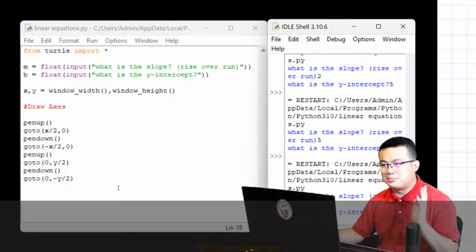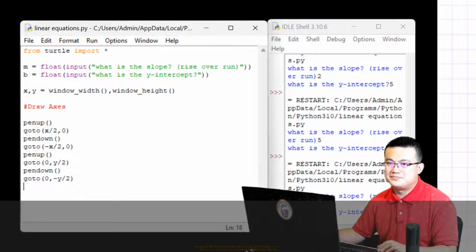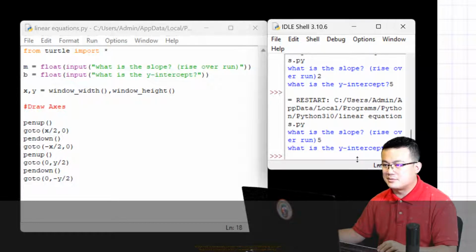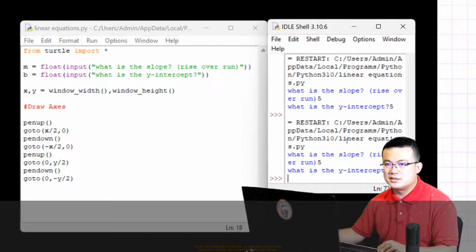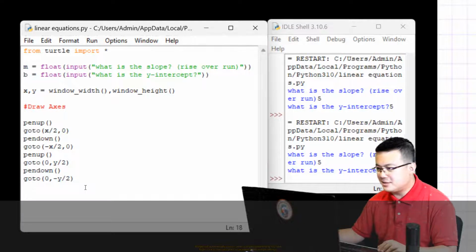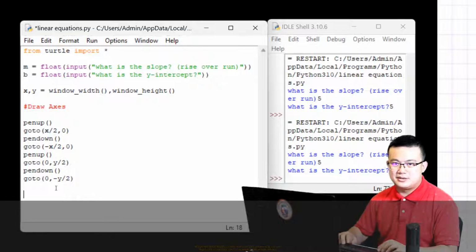Now we're going to plot the actual graph. No, you can't really see this, so I'm going to drag it up a little bit. There we go. Now let's plot the graph.